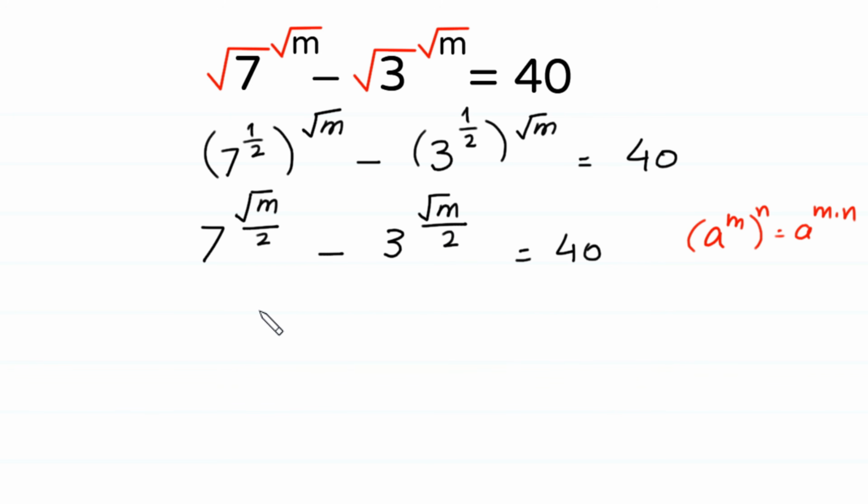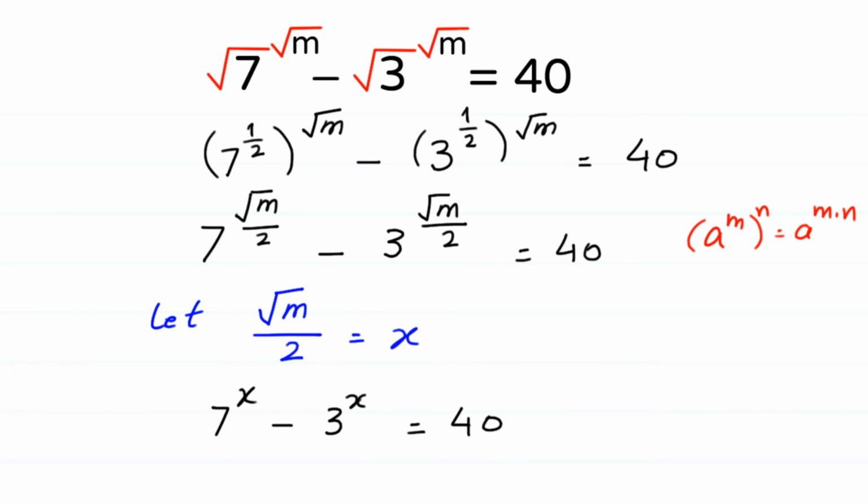So we suppose that let square root of m over 2 is equal to x, and we substitute this value in this equation, then this equation becomes 7 to the power x minus 3 to the power x is equal to 40.